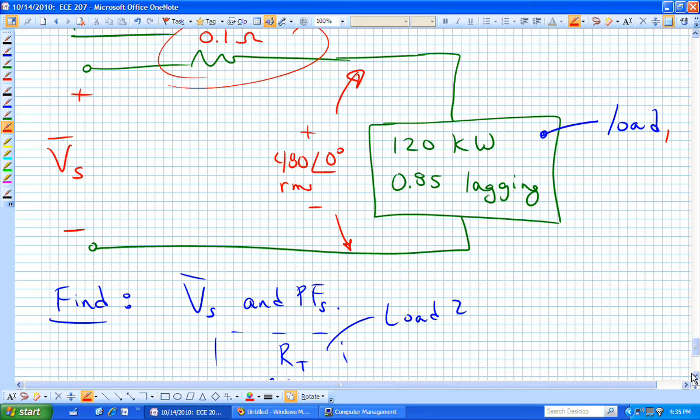The inductance and the capacitance all combine such that it effectively looks like an inductor and a resistor in combination to give us an angle such that the cosine of that angle is 0.85. Is that making any sense?